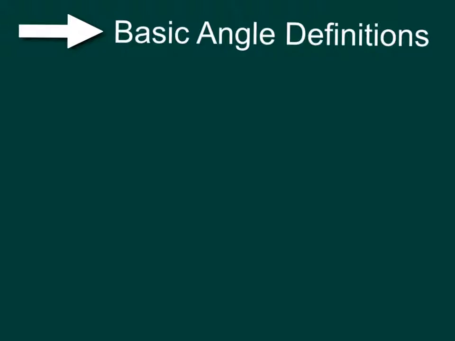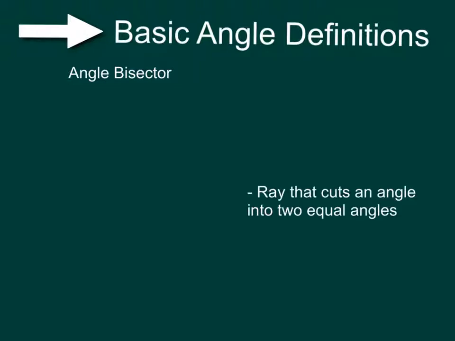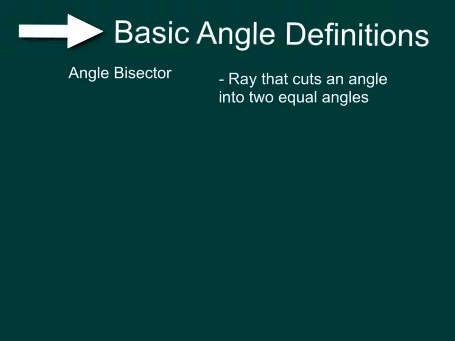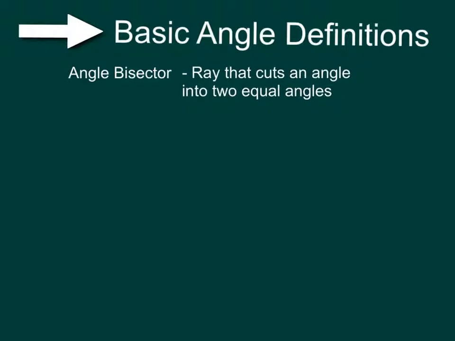Here we go. So to start with, we're going to just define an angle bisector. So not an angle, but an angle bisector. A ray that cuts an angle into two equal angles is how we define an angle bisector. So let me show you what we mean by that.